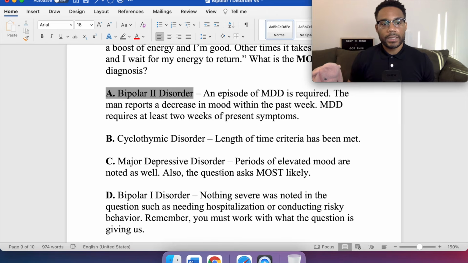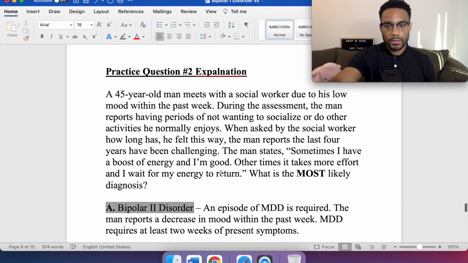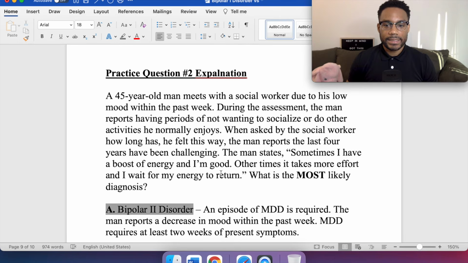When we look at B, cyclothymic disorder, the length of time criteria has been met. So when we scroll up again, during the assessment, the man reports having periods of not wanting to socialize or do other activities he normally enjoys. When asked by the social worker how long he has felt this way, the man reports the last 4 years. Remember, the criteria for cyclothymic disorder is at least 2 years of kind of like a roller coaster of your mood being elevated and then decreasing, being decreased and then elevating again.